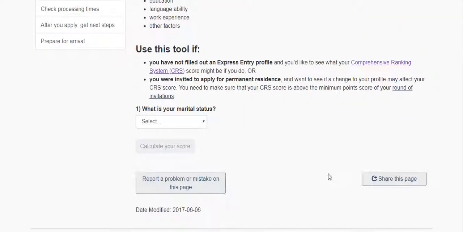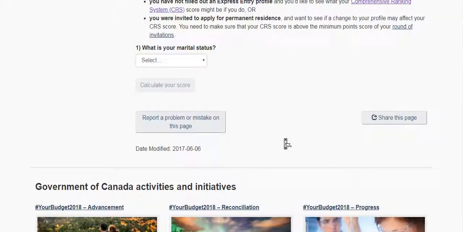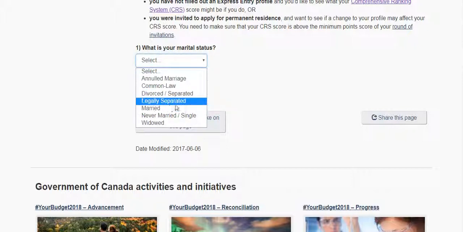So first of all, let's see what it is asking over here. I'm entering my details, and I'll give you the link in the description, and you can log on to that link, open this website, and calculate your own CRS score after filling in your details.